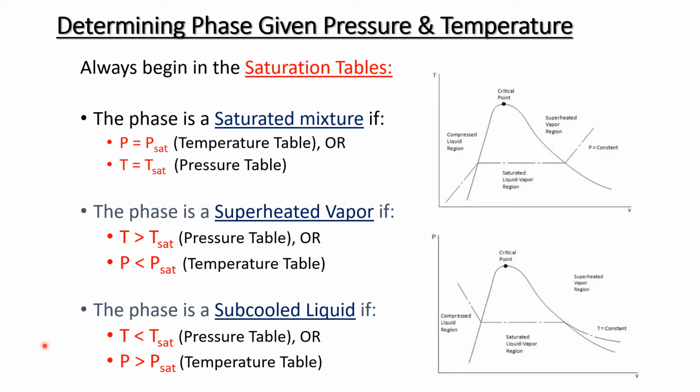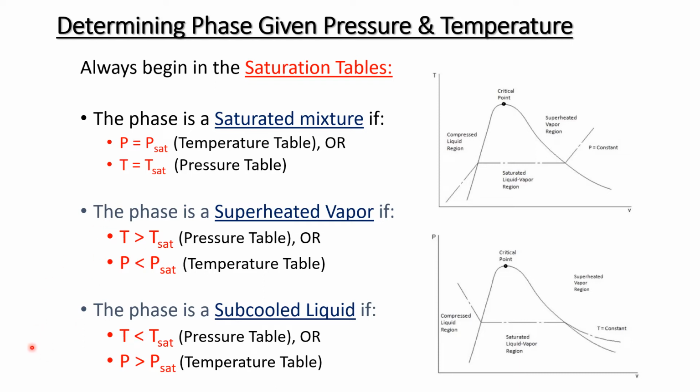Now, on the other hand, I'll start with my imaginary sphere of saturated mixture, and I find that the temperature is less than the saturated temperature. Well, the colder temperature is going to shrink it. It's going to contract it, and that's going to contract it in my mind into a subcooled liquid. Likewise, if the pressure is higher than the saturated pressure, that will also contract my imaginary sphere and squeeze it down into a subcooled liquid.